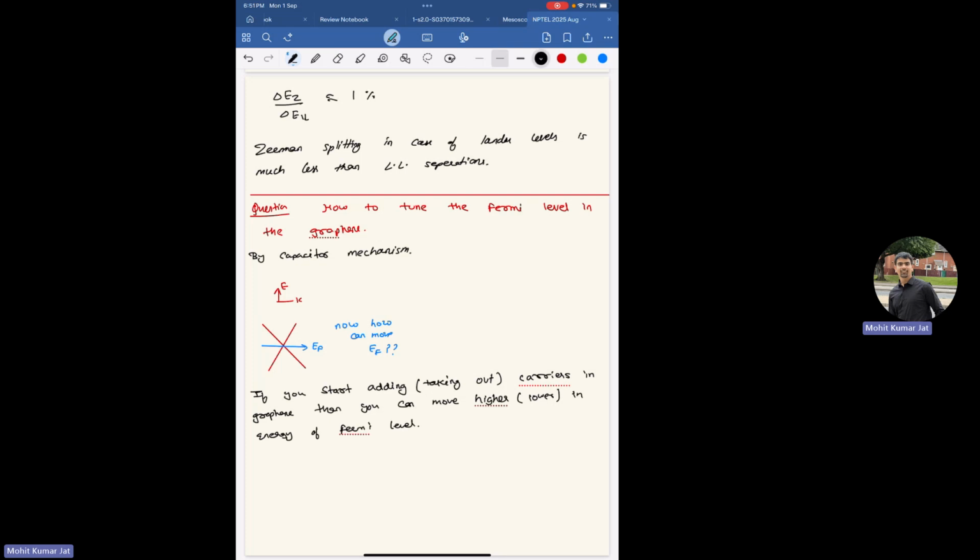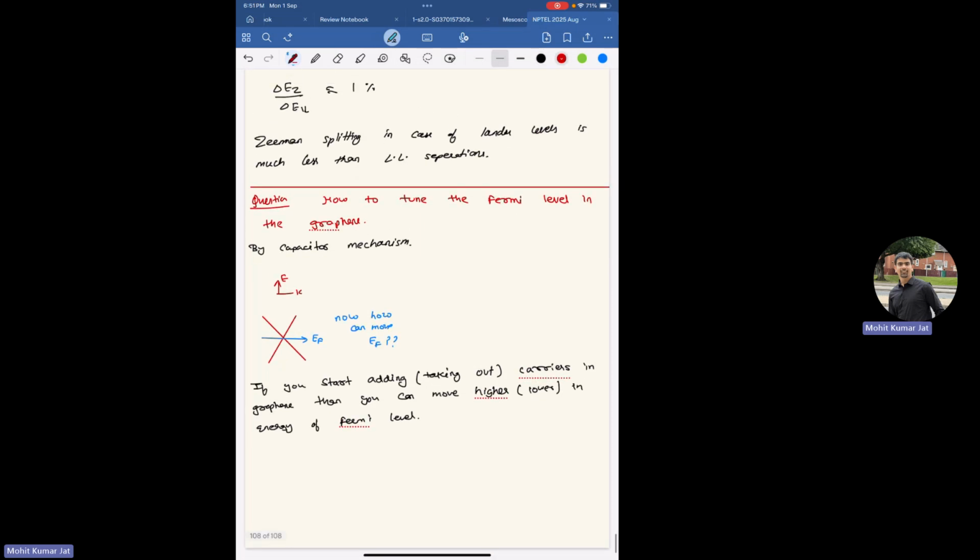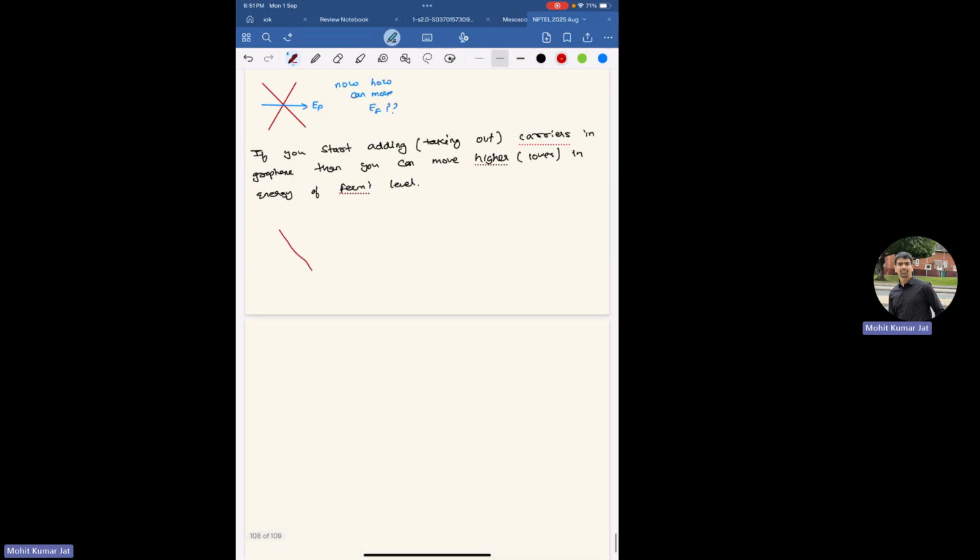What do I mean? If you add the carriers, the electrons in the system, adding electrons in graphene, your Fermi level will be moved somewhere here because you will be adding electrons like this. So Fermi level will be E_F moved up.